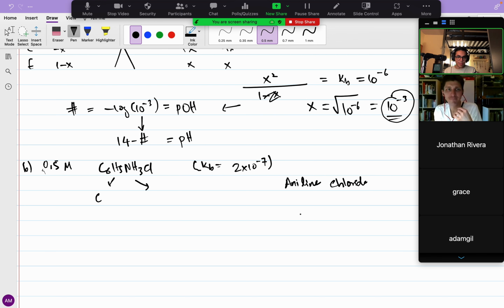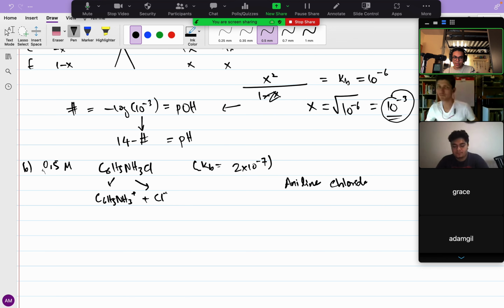I don't know, but it's aniline. It's actually a benzene with an NH2, and when it's NH3, it's a protonated aniline. So it would be C6H5NH3 plus and chlorine minus. Exactly. If you have a benzene with an NH2 group on it, that's called aniline. Aminobenzene is aniline. Yeah, aniline chloride. Cool. So it's that and that.